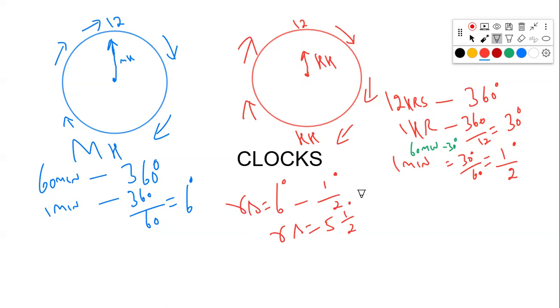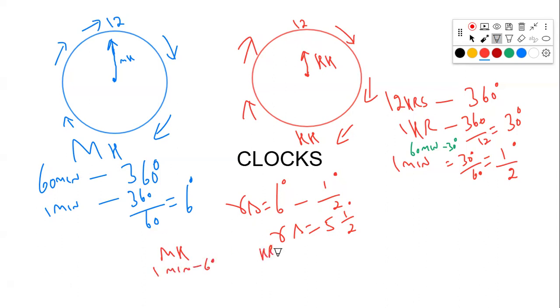If you want to take a screenshot of this, please take it, because this is the base. Something very, very important you should keep at the top of your mind: for the minute hand, 1 minute is 6 degrees.